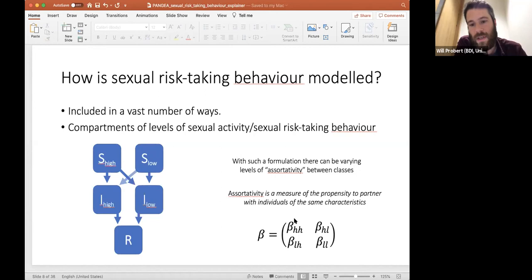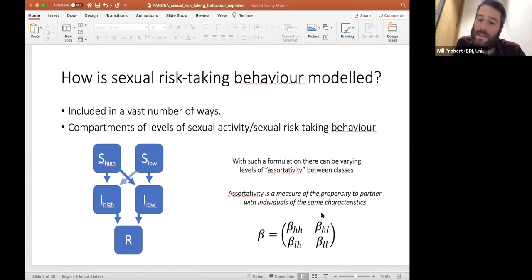So for instance, transmission would be characterized in a matrix showing transmissions between individuals in the high sexual activity compartment to others in the high sexual activity compartment, high to low, low to high, and low to low.